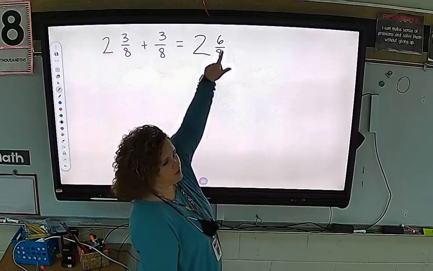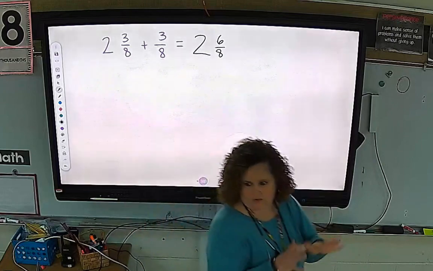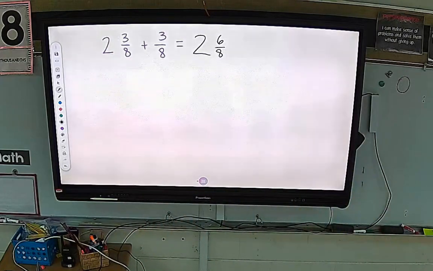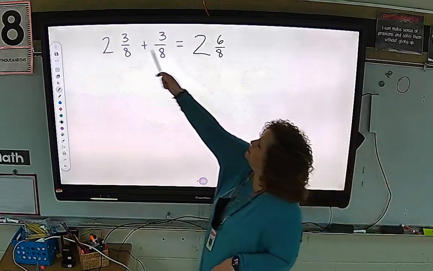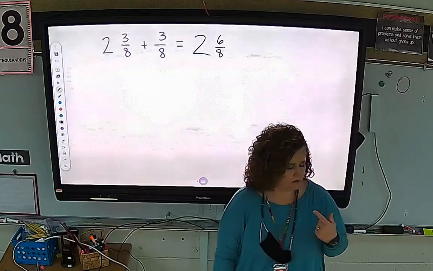But you would have to change that to a mixed number and add the 2 to it to have one final complete answer. And so do I think this is always the best way to go? Be careful, because I'm afraid you might forget to do that changing of the mixed number at the end. Okay? But if you recognize that this is going to be smaller than 1, that's pretty quick, isn't it? That was super simple. Okay?